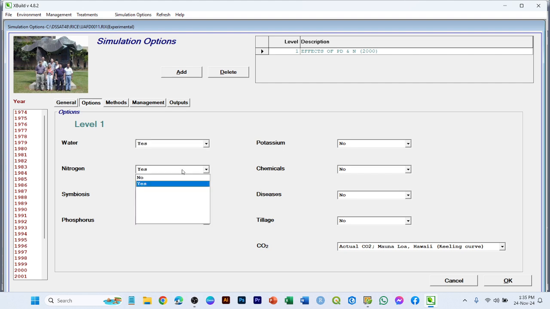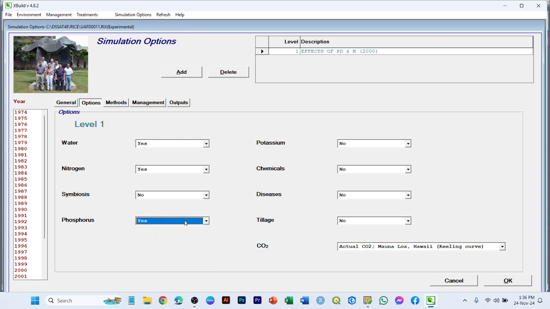Nitrogen, yes. Symbiosis: if some experiments are on rhizobia or legume crops, then we have to mention this. Phosphorus experiments might be there, and if you enter the amount of phosphorus in the experiment, then you have to mention yes over here. Keep in mind.